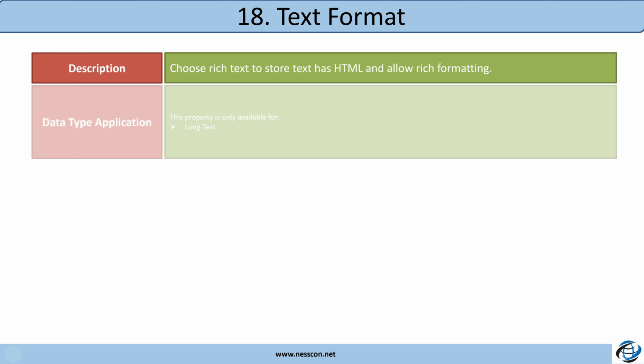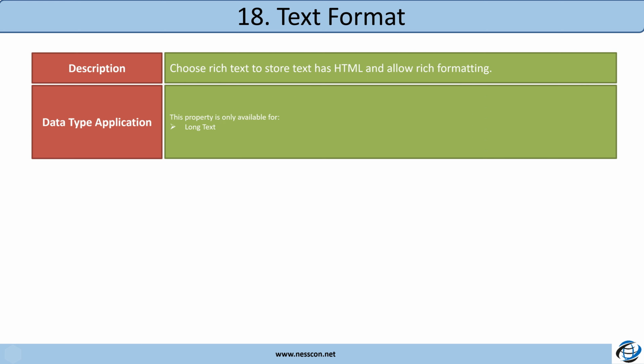And if we select long text as a data type, then you can always use the rich text formatting, either bold, italic, or underline, and colors even. So in order to use this rich formatting, we can use this property.